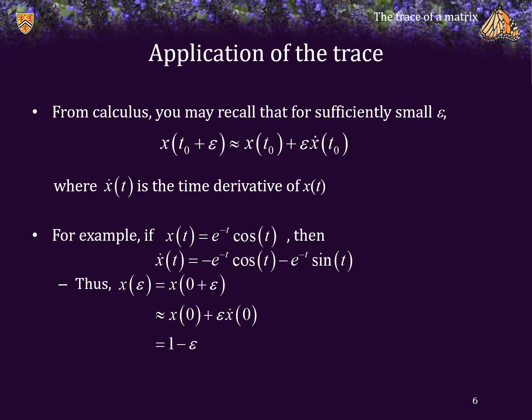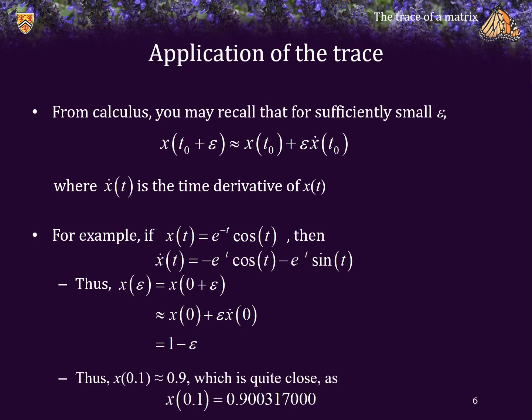Thus, x of epsilon is approximately equal to 1 minus epsilon. Thus, this claims that x of 0.1 is approximately 0.9, which is actually quite close, as the correct answer is just closer to 0.900317.